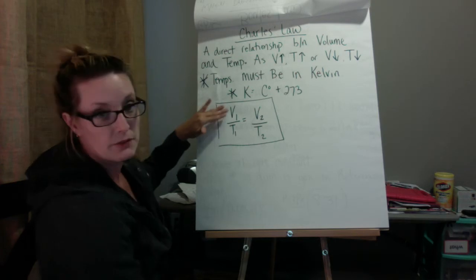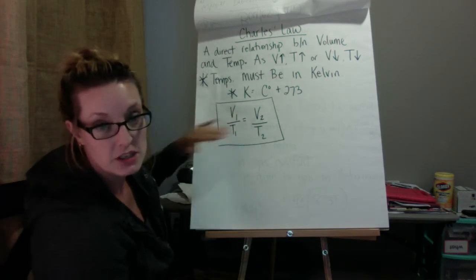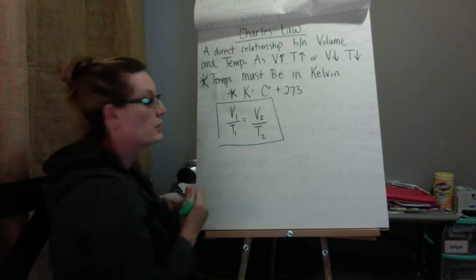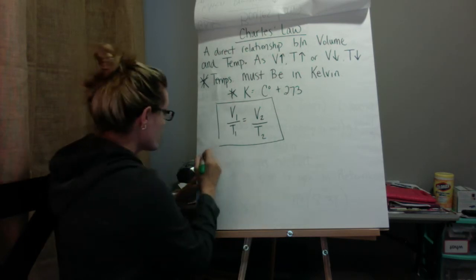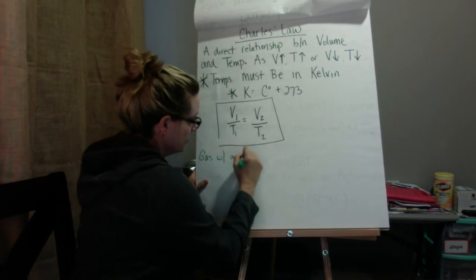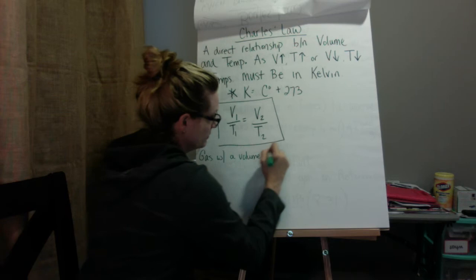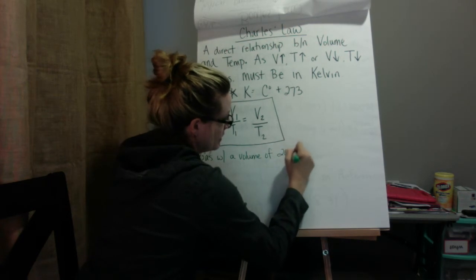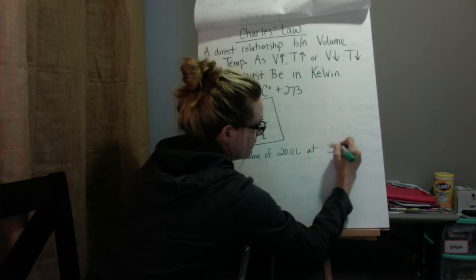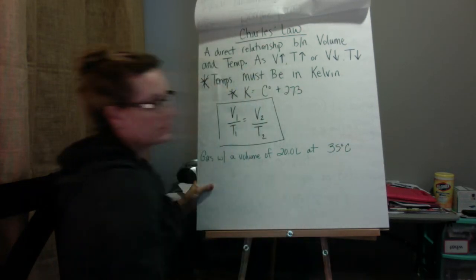This is your formula: V1 over T1 equals V2 over T2. I'm going to work through a sample problem with you. So let's say you have a gas with a volume of 20 liters, and it's at 35 degrees Celsius.